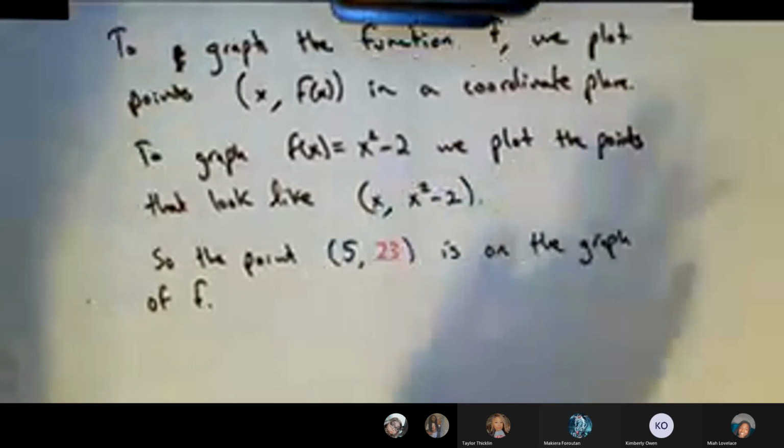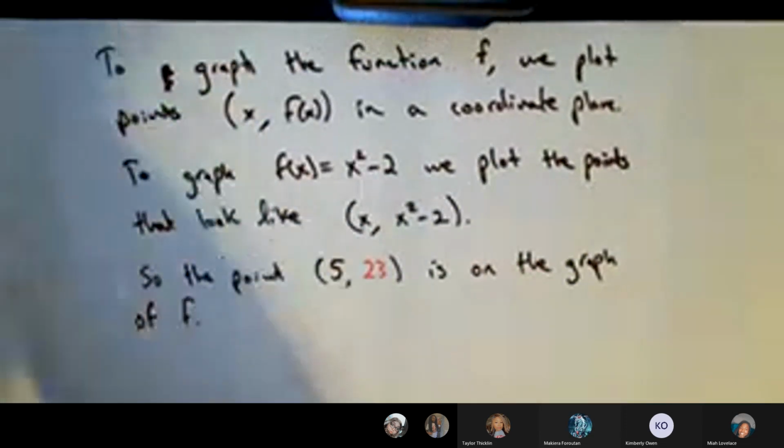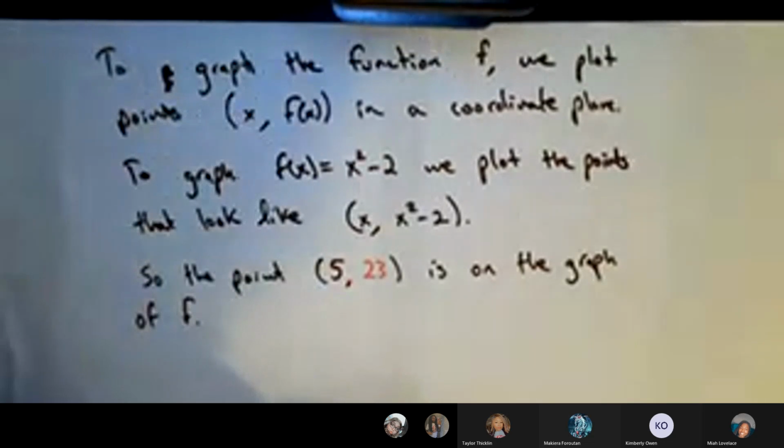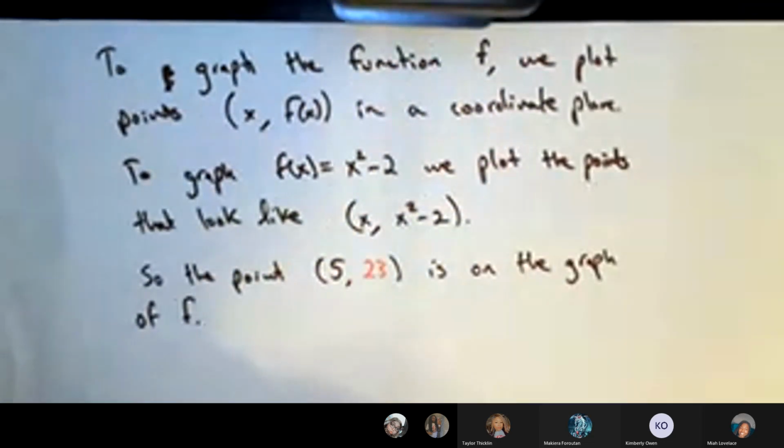That's one way they put it too. This is all true, they're just framing it slightly differently. And then they ask you to evaluate several different coordinate points for this graph, and then to sketch a graph of it, which we did do, so that's fine.